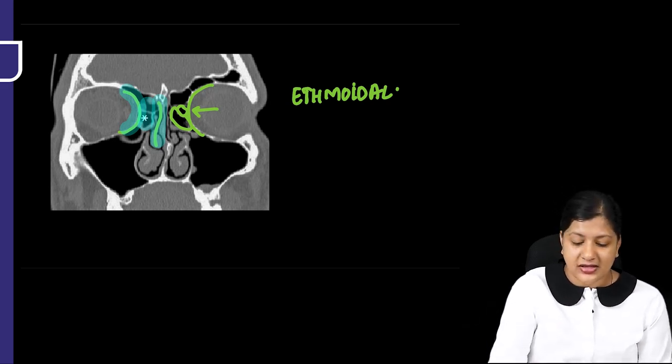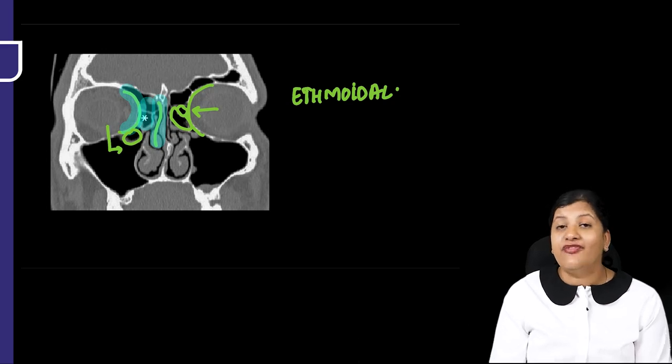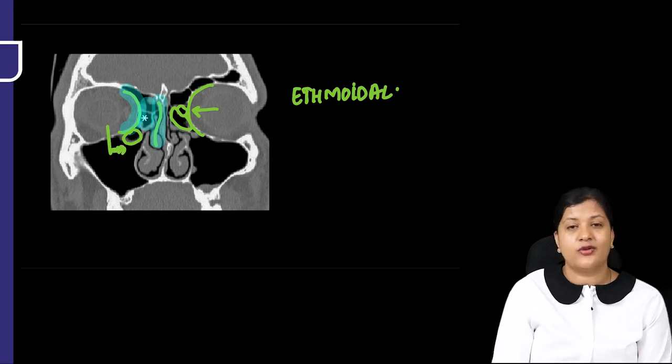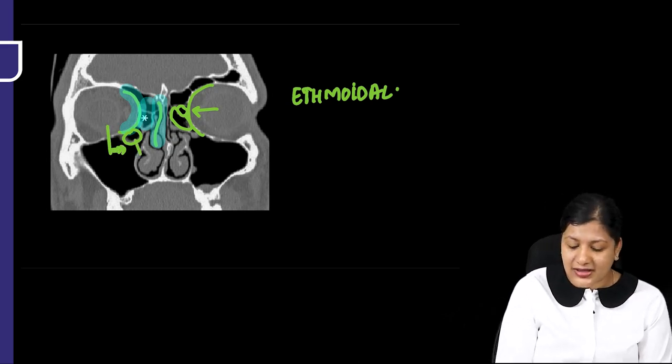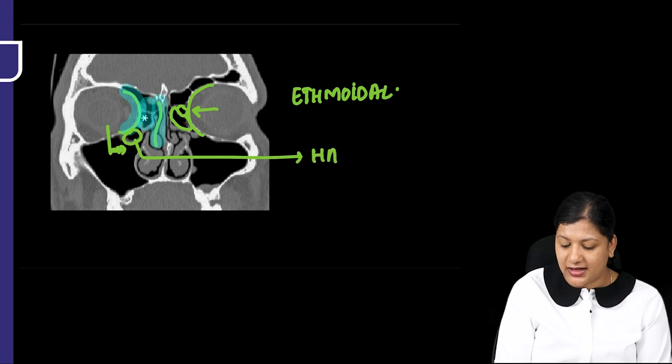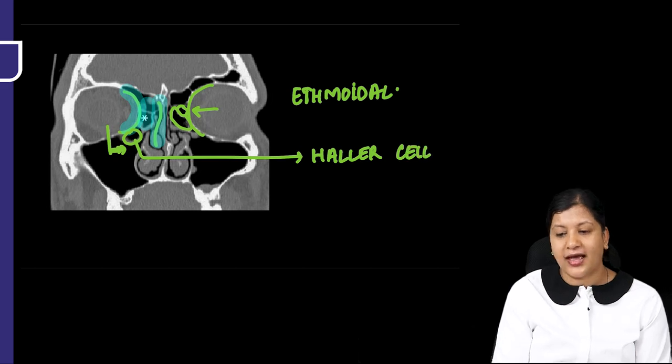But do you see there is one ethmoidal air cell which is present in relation to the floor of the orbit? Inferomedial to the orbit, inferior to the orbit and medial to the orbit? Yes, we call such a cell a Haller cell. So what is a Haller cell?